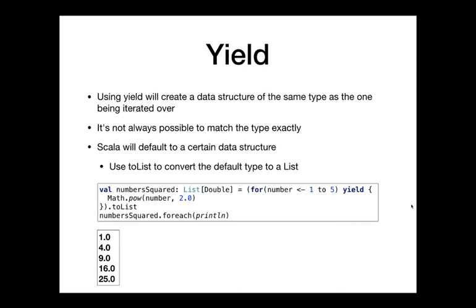So for example, if you want to do for data in data structure, and then the body of a loop, print line data, you can compact that whole thing into data structure dot for each print line.